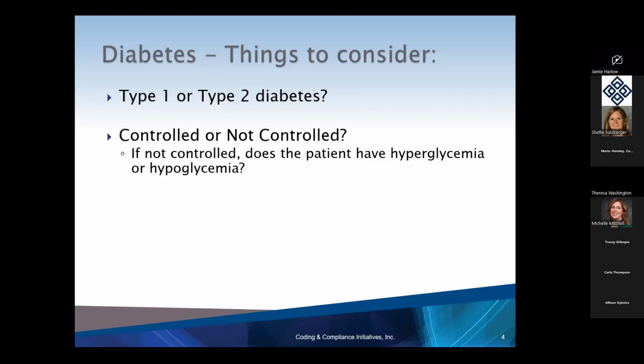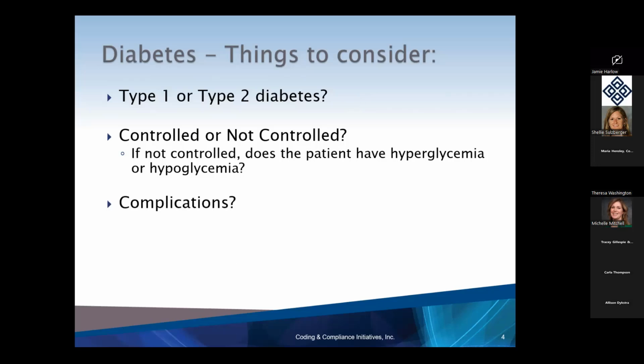There's not a diagnosis code for uncontrolled diabetes. The American Hospital Association has published that providers have to specify either it's hyper or hypo when that patient is not controlled. Coders can't go by the hemoglobin A1C or anything like that. We can't always assume not controlled means hyperglycemia. So for you as a provider, it'll be really important that you document hyper or hypo if you determine your patient is not at goal or not controlled.